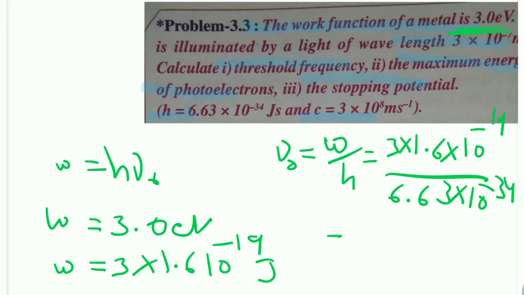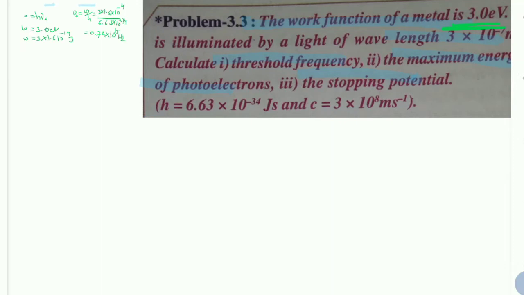Calculating this, we get the answer 0.72 into 10 to the power of 15 Hz. This is the threshold frequency.